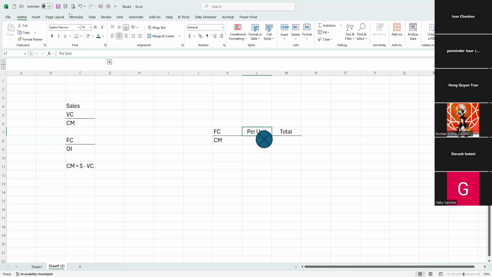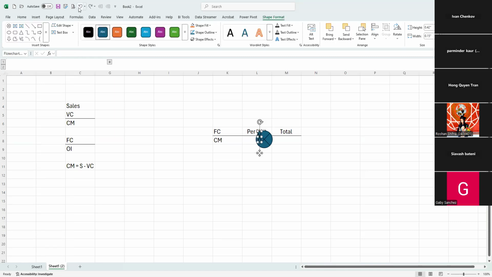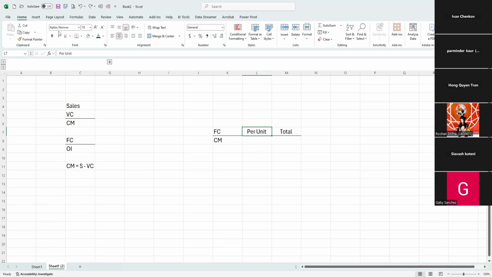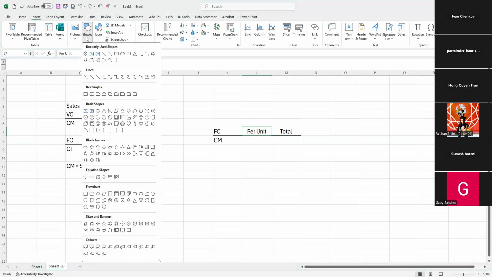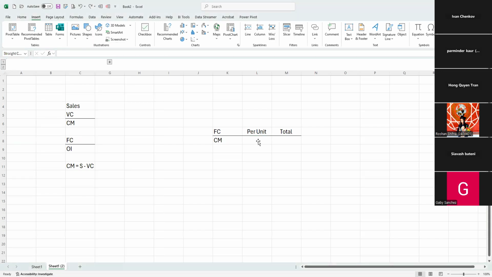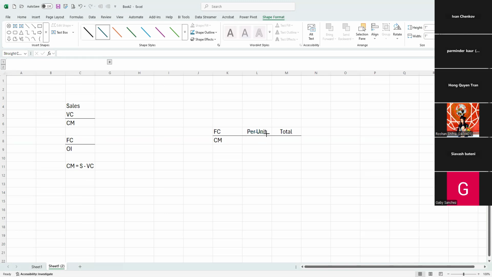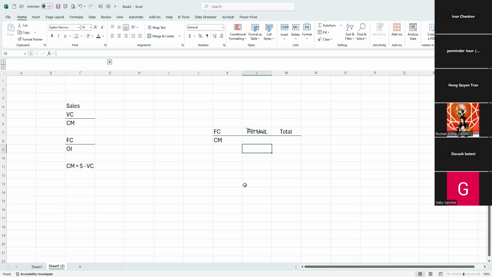Let's get rid of this. Let's go back and find another one, if I can insert something that shows you clearly that is no. Flowchart, quotient. I can get this one, and that will be totally no. So I need total fixed cost.